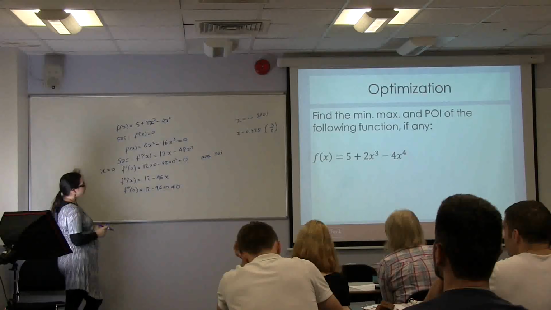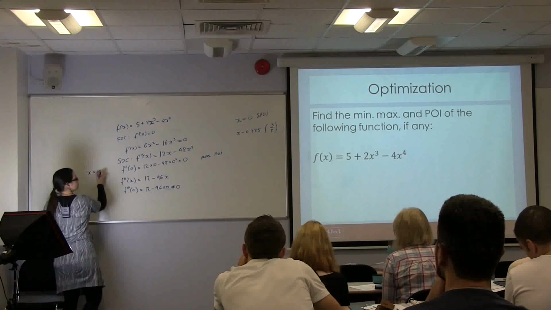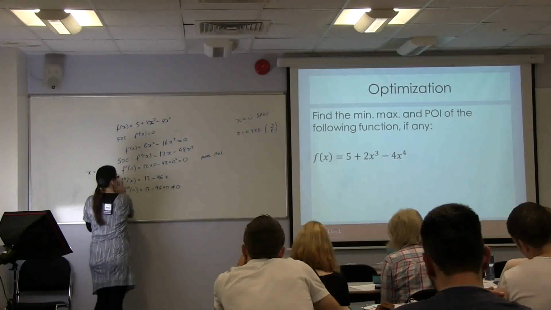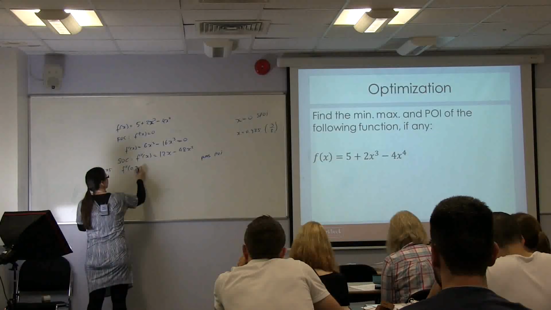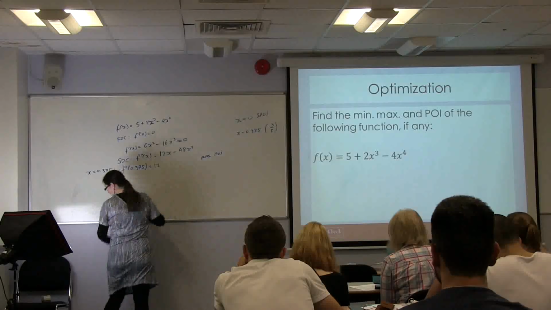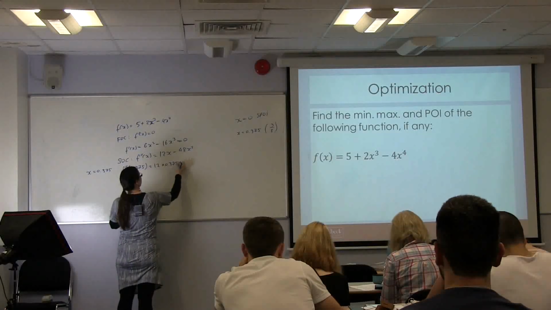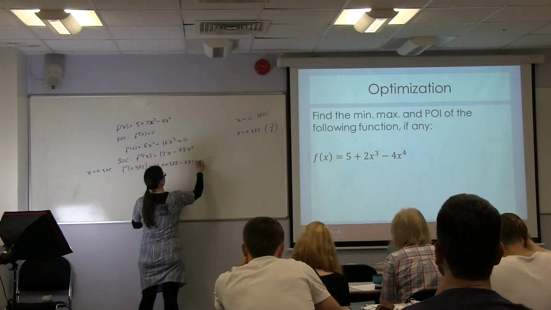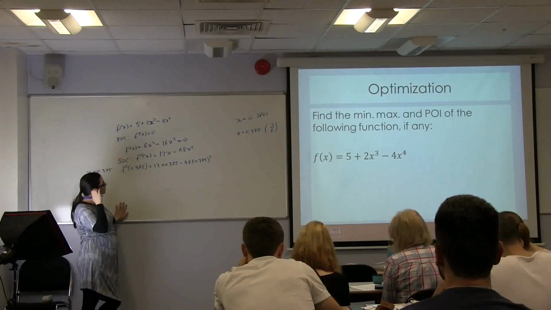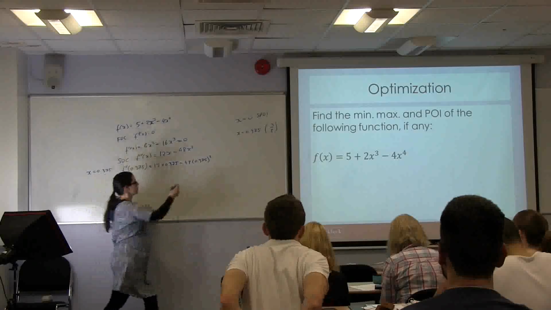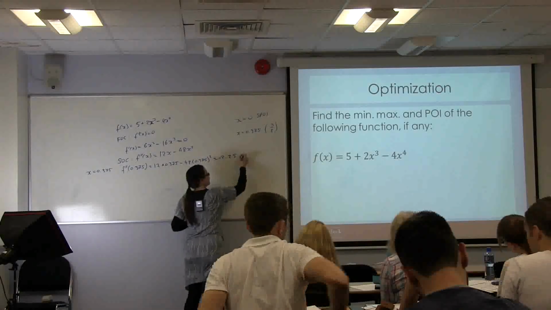Now, I need to check for the other one. So when x is 0.375, the second derivative is negative.